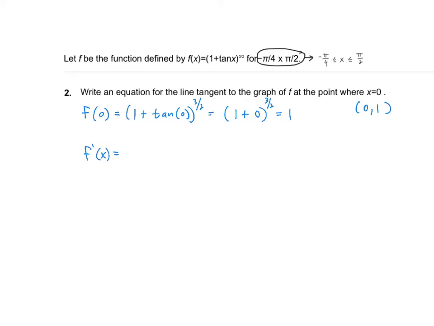Okay, so overall we'll do power rule. And then times by, and then we'll do chain rule. Derivative of tangent is secant squared. Okay, and then just remember now our slope is going to be f prime at the x value at 0.